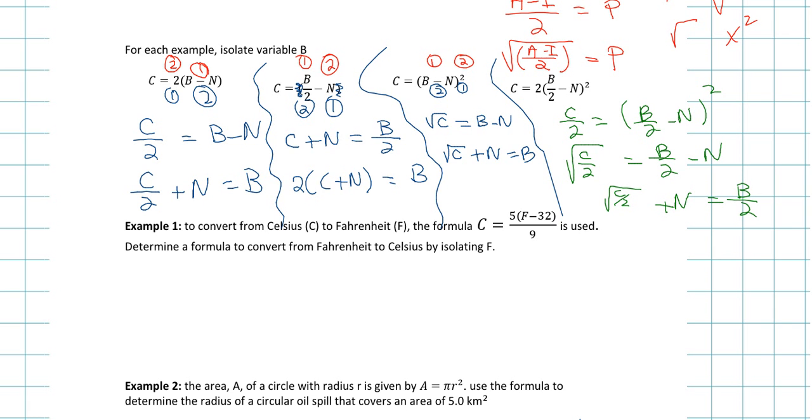So because everything is multiplied by 2, I have to do the bracket. Yes?